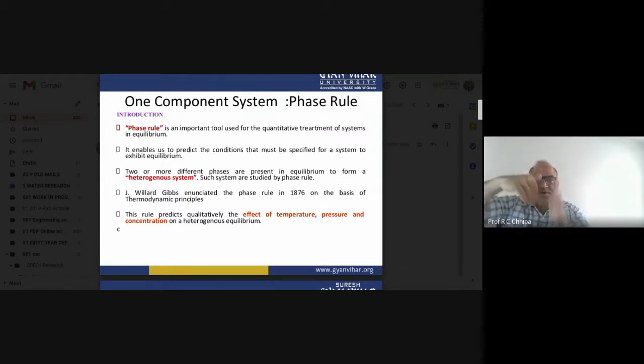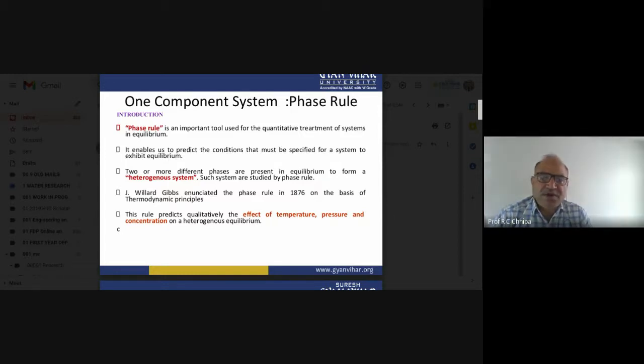H2O liquid and H2O gas, either liquid or vapor, so that is the equilibrium. The phase rule is an important tool used for the quantitative treatment of the system in equilibrium form.